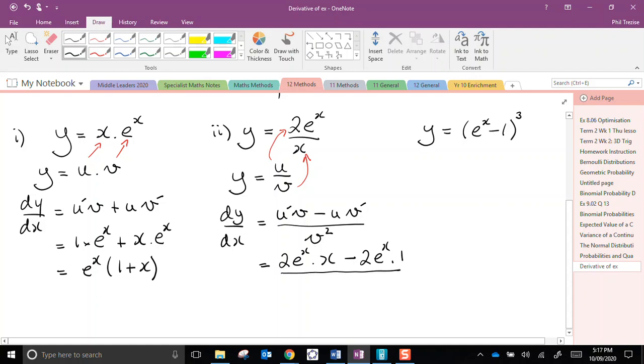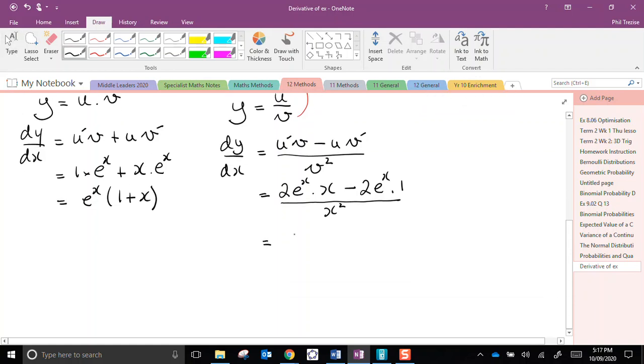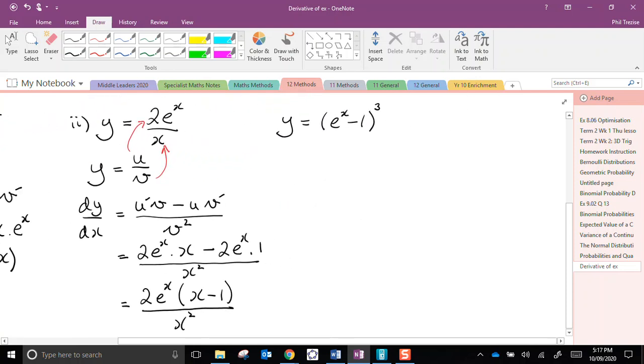And then divide by v squared, which is x squared. I can probably make that look a little bit neater if I take a common factor of 2 times e to the x, and I have x take 1 divided by x squared, and we're done. Again, you could check it on your calculator if you wish.